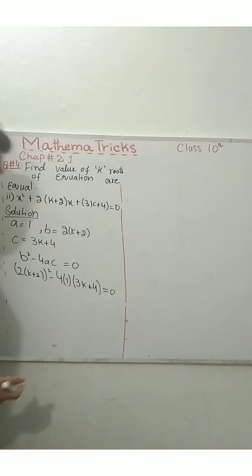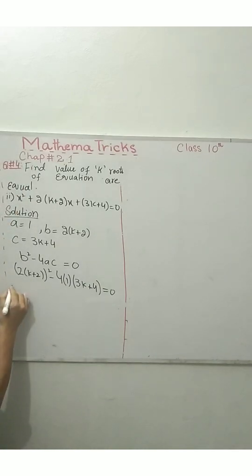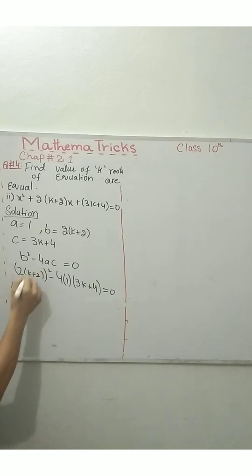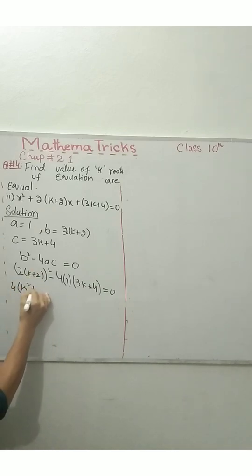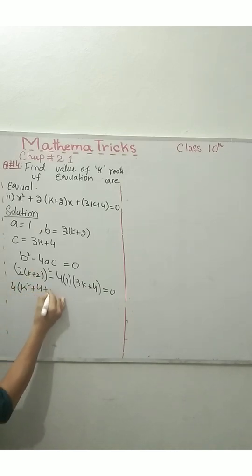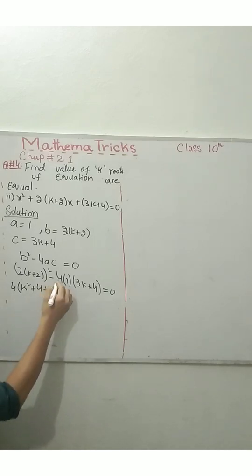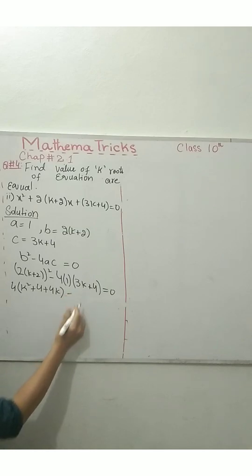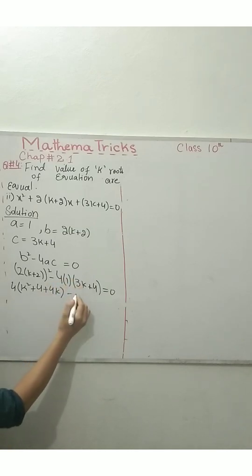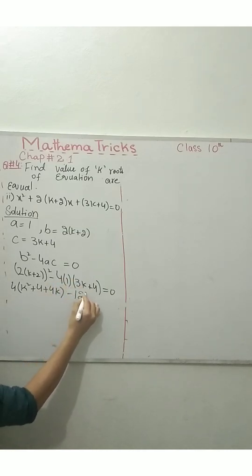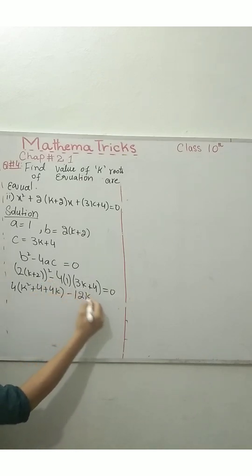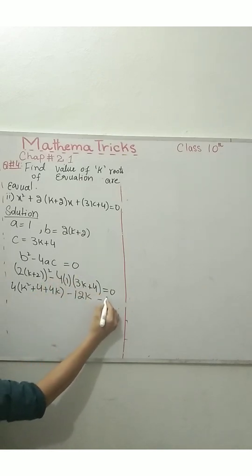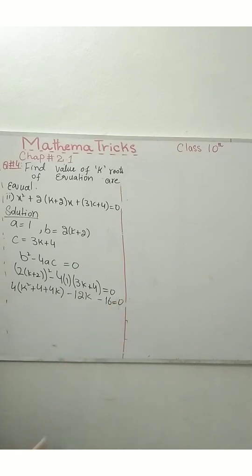Let's multiply. The square of 2 is 4, into k plus 2 whole square. (a plus b) square is a square plus b square plus 2ab, so 4k. Let's multiply these terms. Minus 4 into 3k is 12k. Minus 4 into 4 is 16, equals 0.